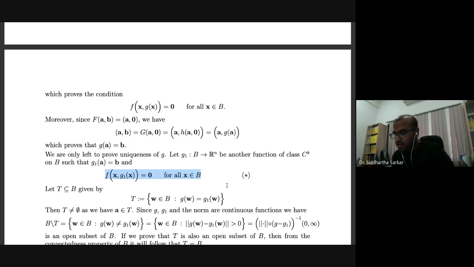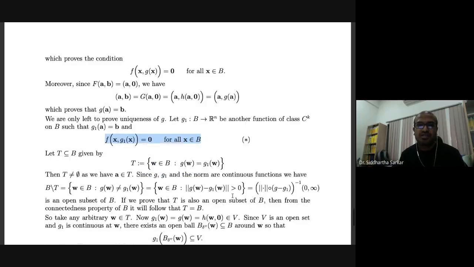The first thing I should think of is a set T where they are equal, and I want to show that T is equal to B. Let's take the subset of B where these two functions match, and I try to prove that this subset is nothing but the entire B. This is where I have done something already without explaining.